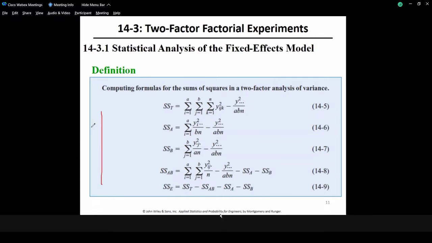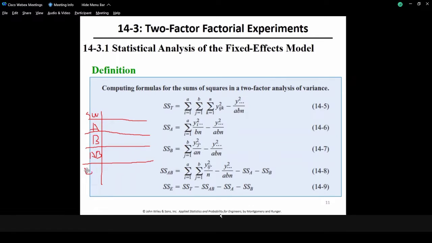Your ANOVA is like this. You have the SOV, source of variation. You have factor A, factor B, interaction of AB, error, and total.